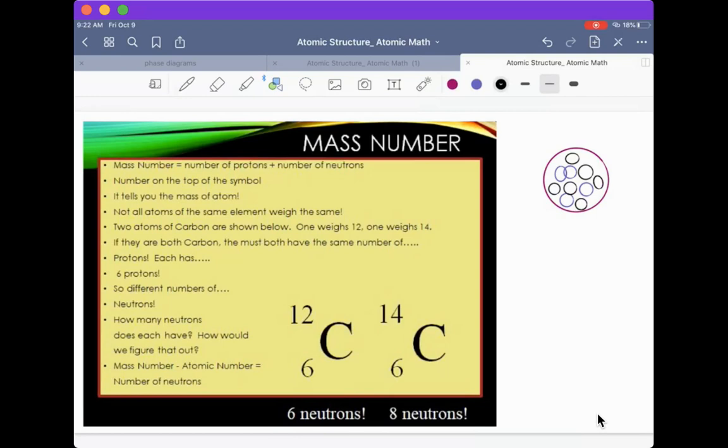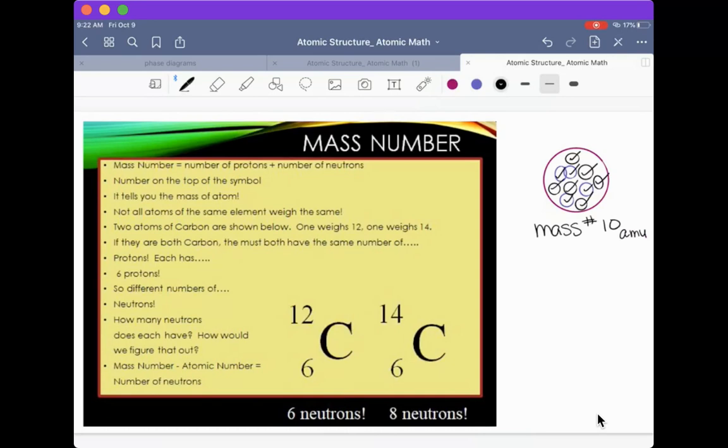We can easily determine the mass number of this atom by counting the subatomic particles in the nucleus. So we got 1, 2, 3, 4, 5, 6, 7, 8, 9, 10. So its mass number is 10. So that's 10 AMUs, and that's the unit we use, atomic mass units. That 10 AMUs tells me how much that atom weighs.